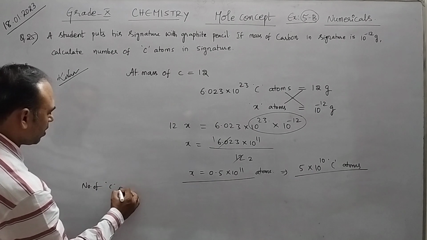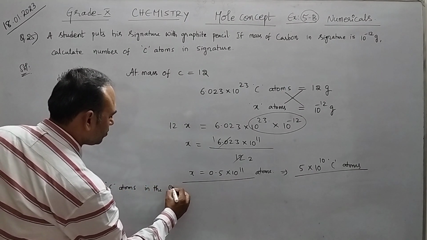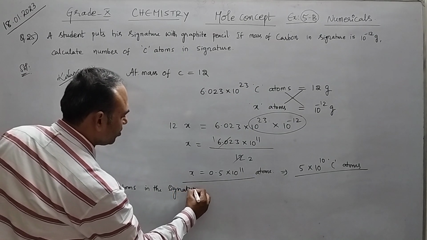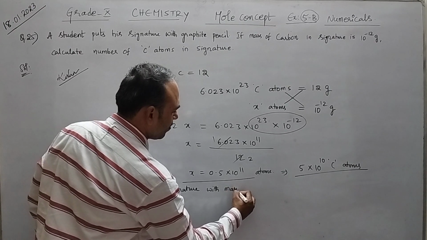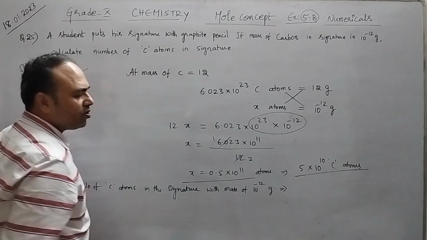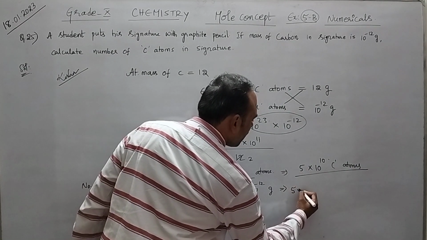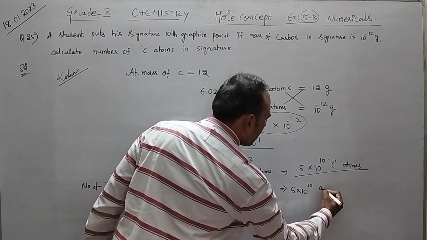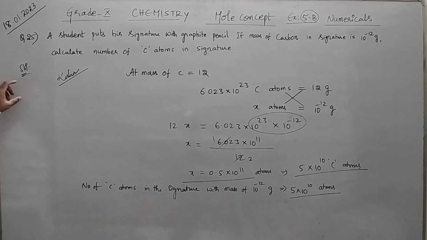Number of carbon atoms in the signature with mass of 10 to the power of minus 12 grams. So if you take 10 to the power of minus 12 grams of carbon, how many atoms are there? 5 into 10 to the power of 10 atoms. Hope you have understood question number 25. Make a note of the solution and let us move to question number 26.